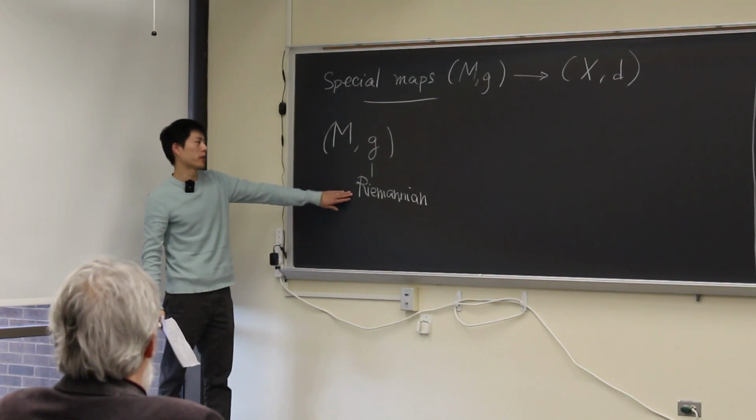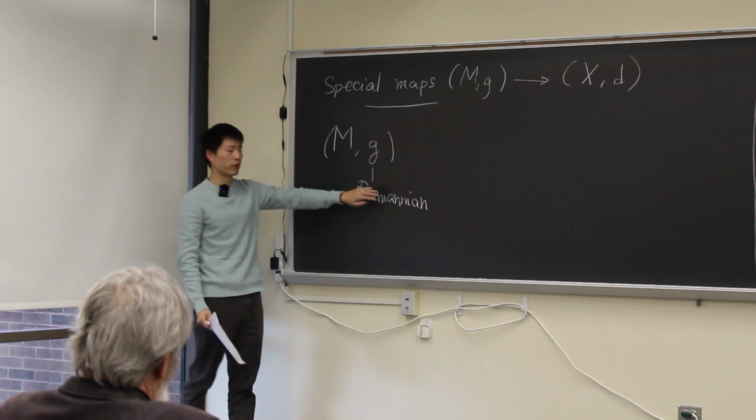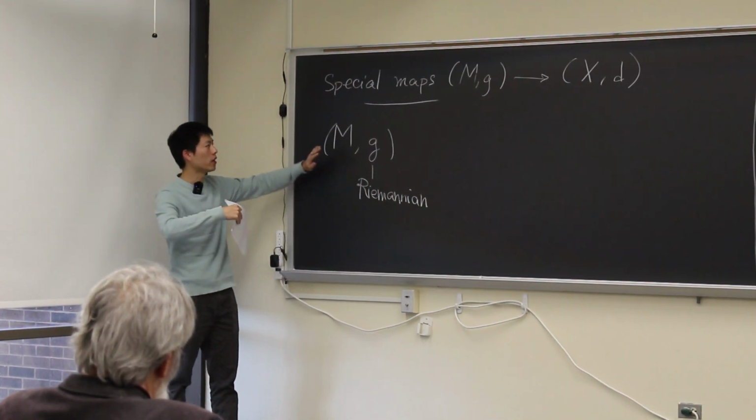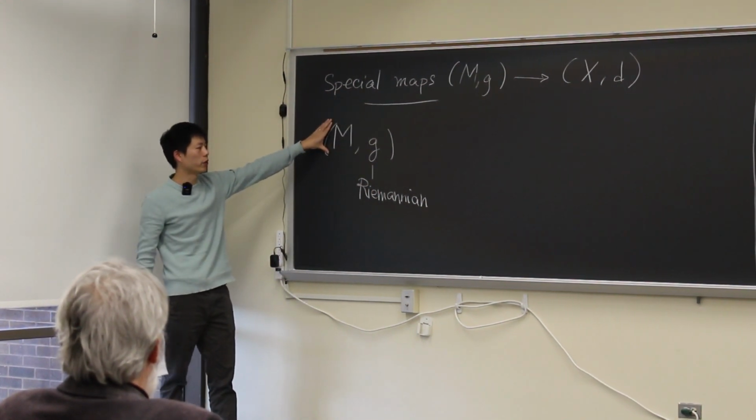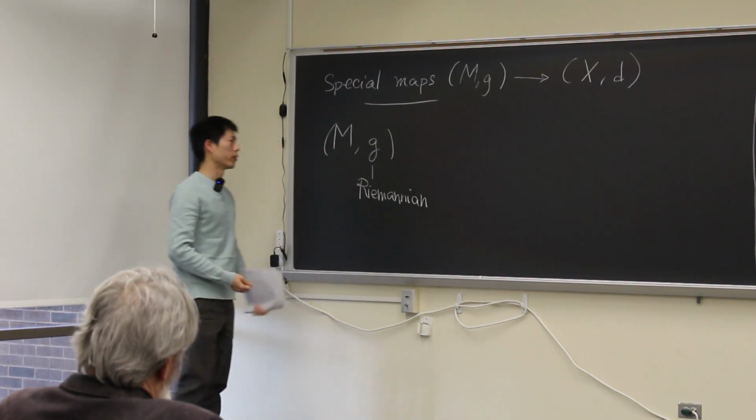What is a Riemannian metric? It's a scalar product at every point of M. And using this Riemannian metric, it's basically giving you the shape of your manifold. It enables you to measure length, volumes of regions, curvature, things like this.